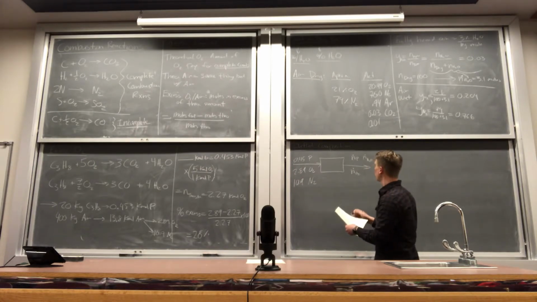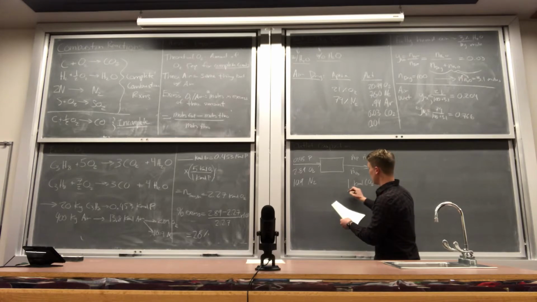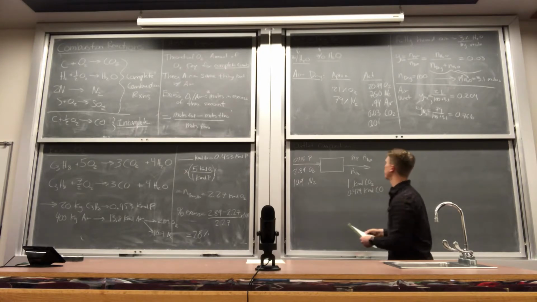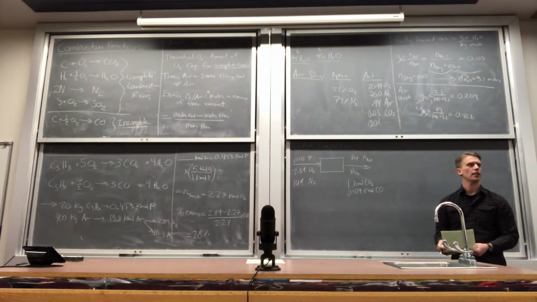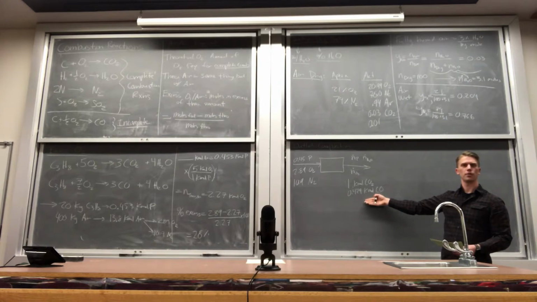For this particular example, we're going to say that our constraints are that you're generating 1 kilomole of CO2 and 0.429 kilomoles of CO.